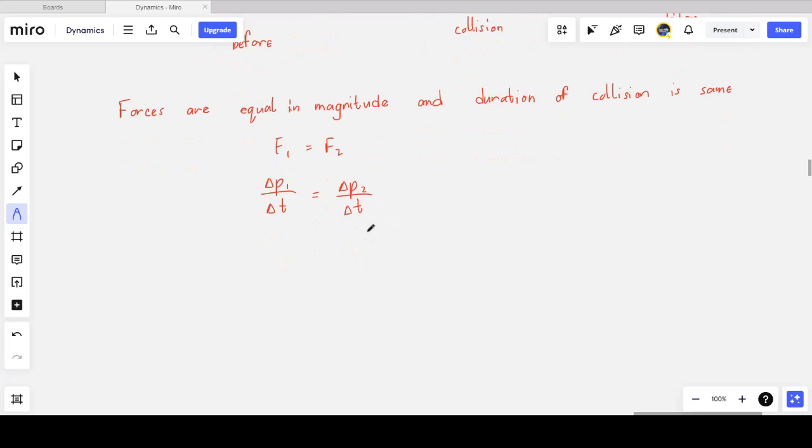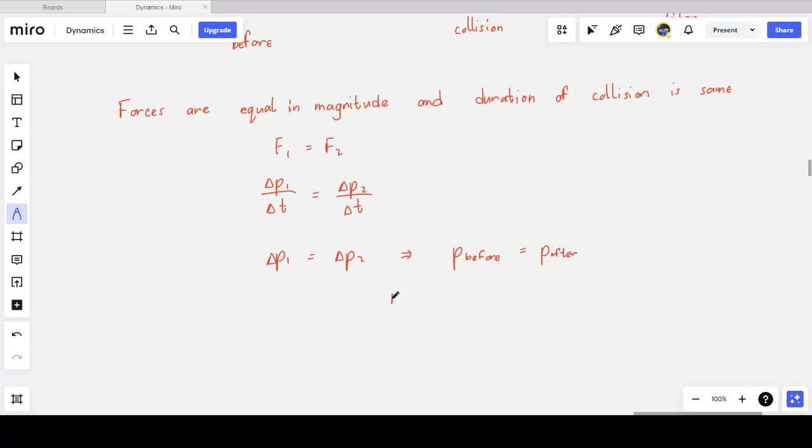The delta t's are the same duration for each collision. That means the change in momentum for the first ball is the change in momentum for the second ball, which means that before the collision and after the collision, the total momentum of the system is the same.